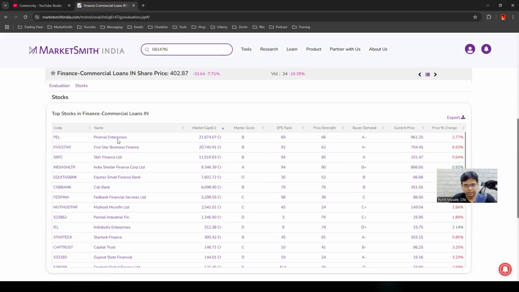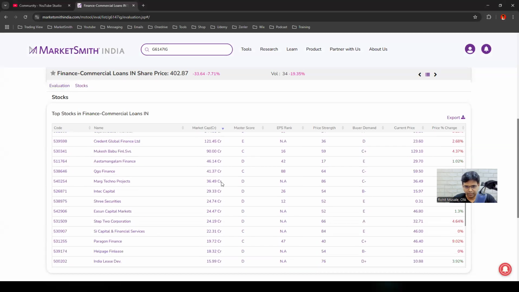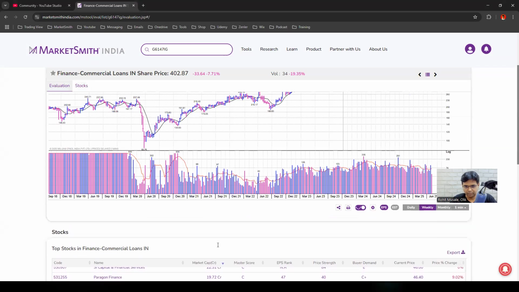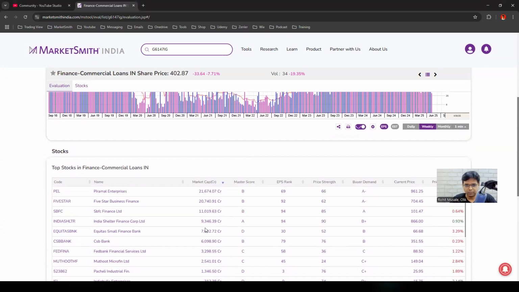You see here Piramal Enterprises, Five Star Business Finance, and SBFC Finance. 21 plus 20, that is 41. 41 plus 11, that is 52. So 52,000 crore of market capitalization is concentrated only in the top 3. Remaining, if you count, I don't think it will come even close to 52,000 crore. So the remaining market is scattered.